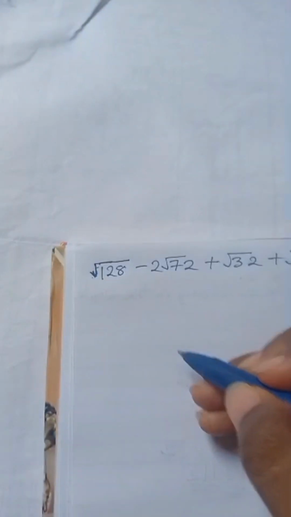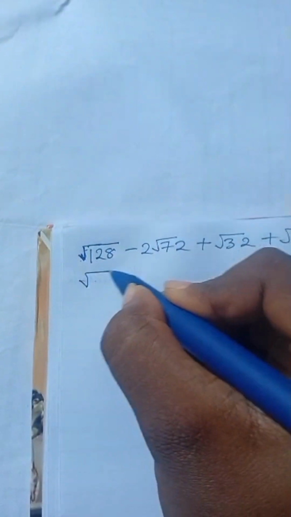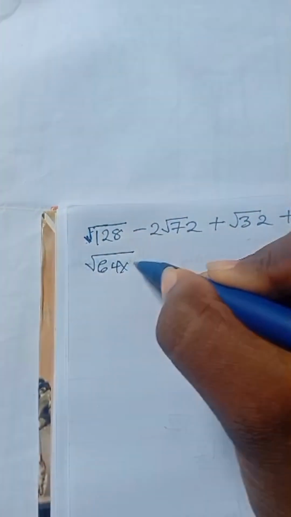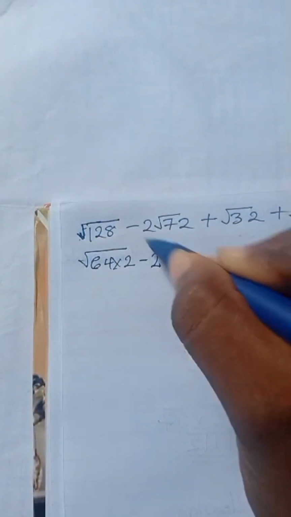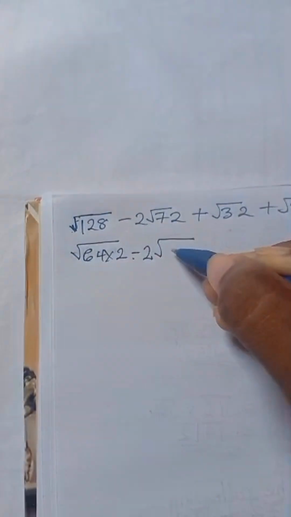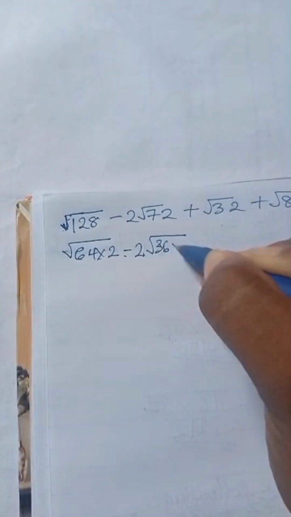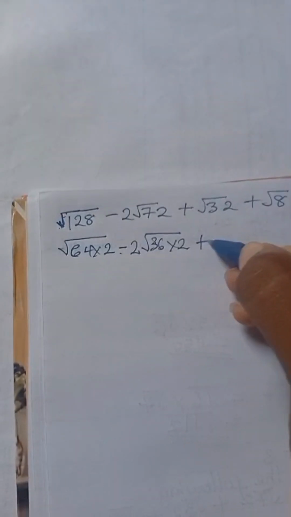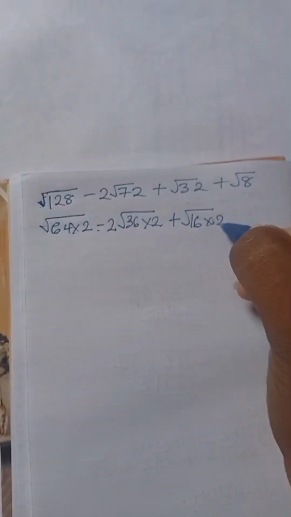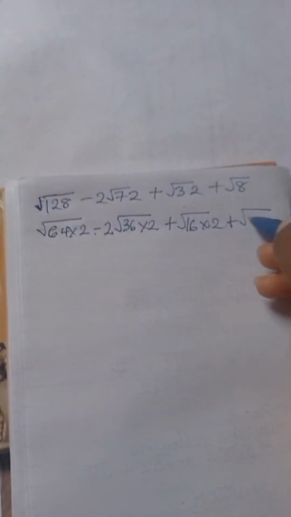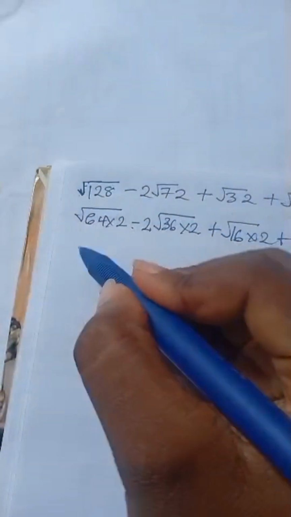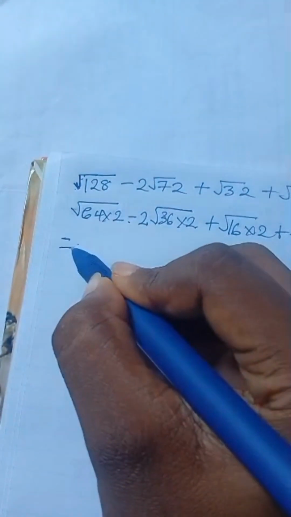From what I said already, divide each one by 2. That will be root 64 times 2 minus 2. There's a 2 outside there already. Root. Be careful of the sign when solving. 36 times 2 plus root 16 times 2 plus root 4 by 2. So now we're going to do root 64.